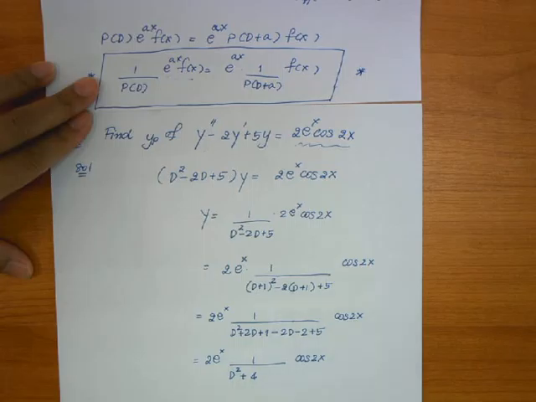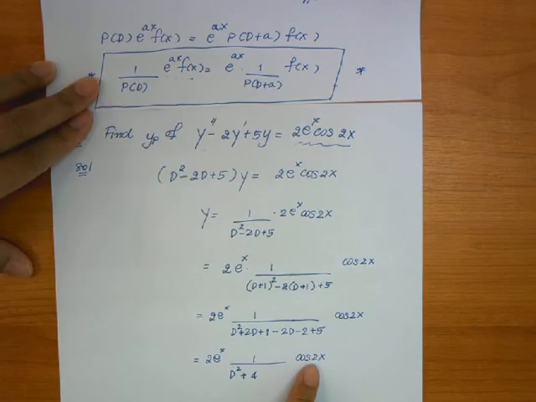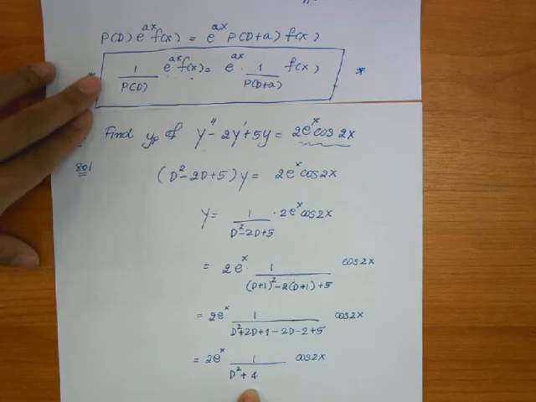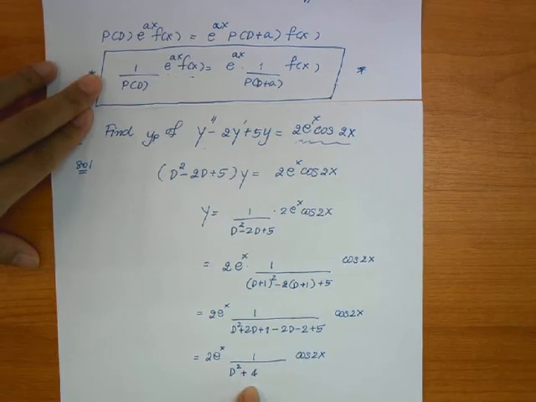So any term which has D squared should be replaced with minus a squared. Now our a is equal to 2. 2 squared is equal to 4. 4 times minus 1 equal to minus 4. Minus 4 plus 4 is equal to 0.